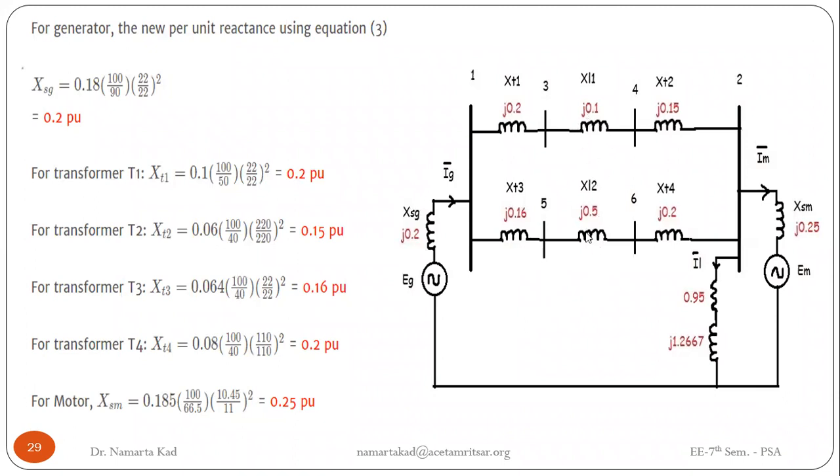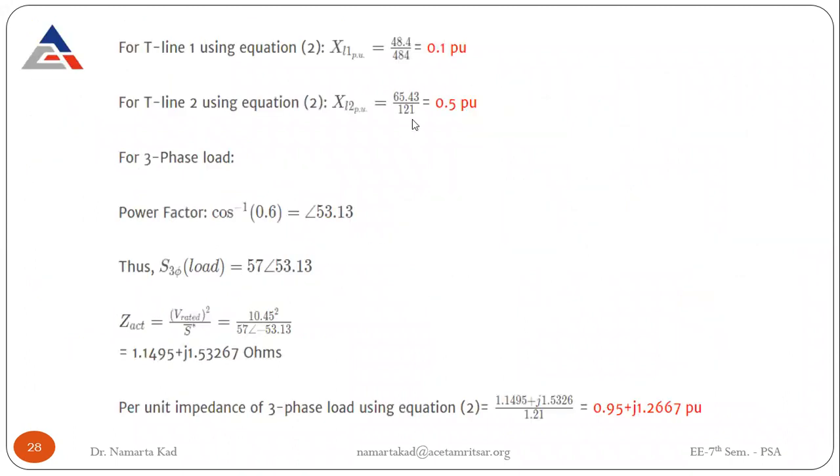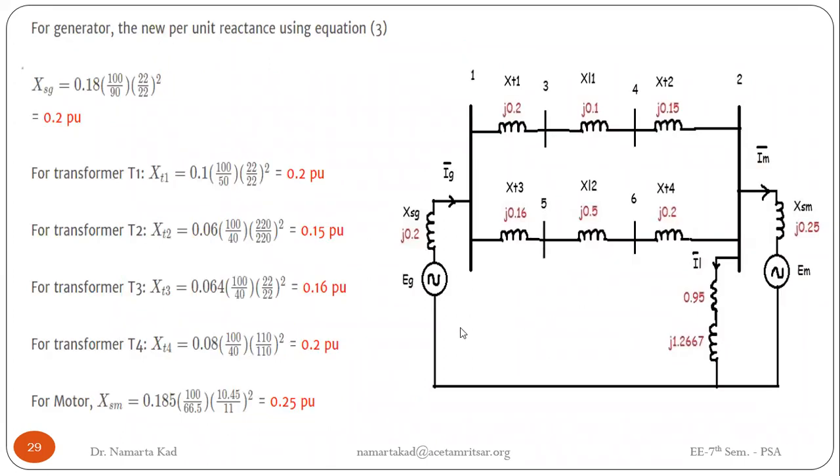Transmission lines j0.1 and j0.5. See here, j0.1 and j0.5. For the generator it is j0.2, this one in series with a voltage source. Motor j0.25 in series with the voltage source.